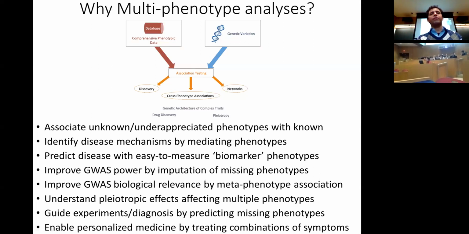So pleiotropic effects are basically effects where a particular genetic variant can act in multiple ways, or a particular gene can act in multiple ways. So this is a term that's usually used for the same genetic locus, or the same genetic variant sometimes, or sometimes the same gene through different genetic effects, may actually affect multiple phenotypes.